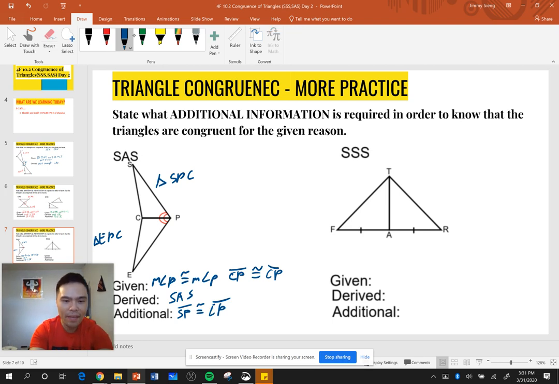Okay, once I have that, then I do have side, angle, side, okay? Side, angle, side means that the sides, the angles, and the other side of those two triangles are congruent. Therefore, those two triangles are congruent to each other, okay?